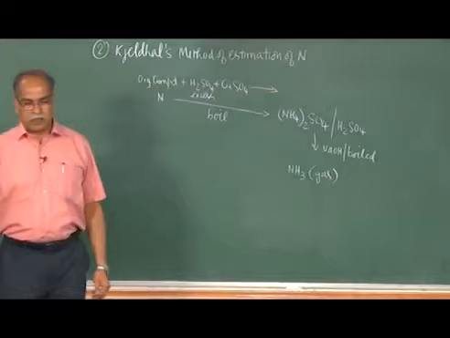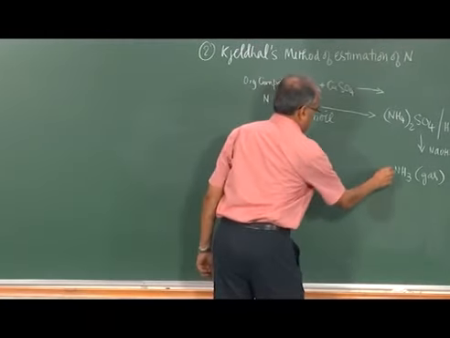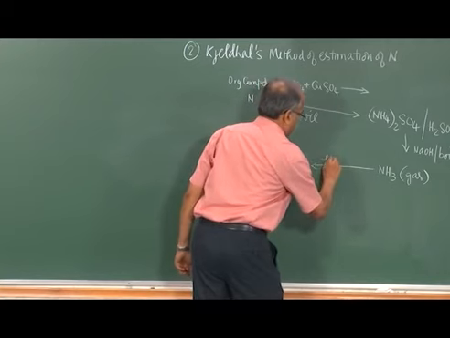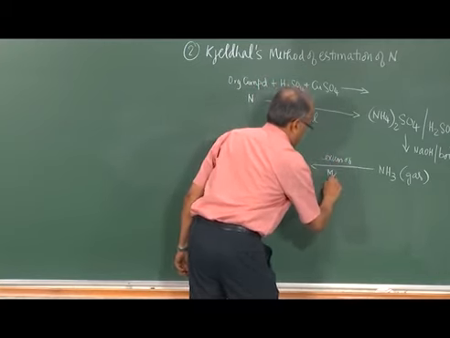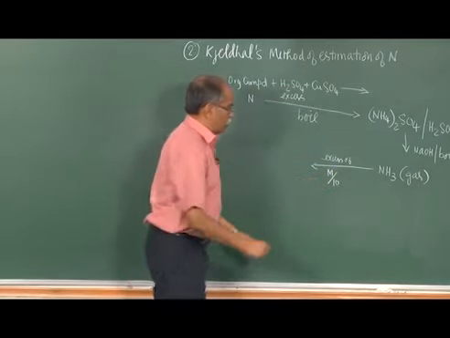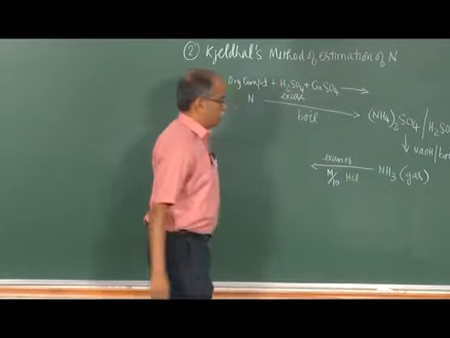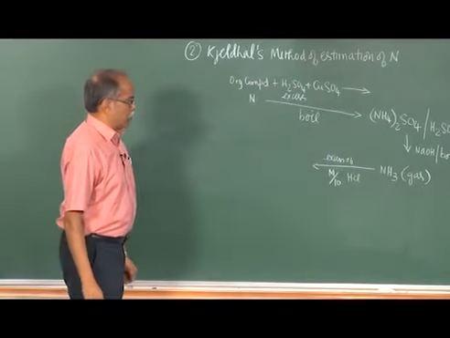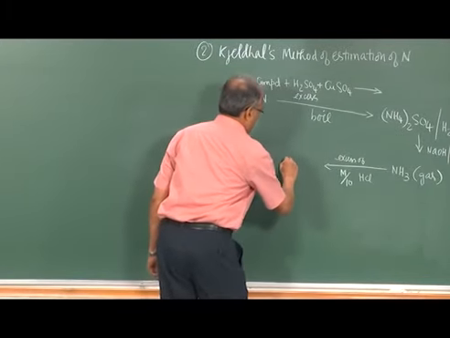This ammonia gas that is formed in the reaction is absorbed in excess acid. A 0.1 molar solution of hydrochloric acid is used in order to absorb the ammonia, upon which the ammonia forms ammonium chloride.